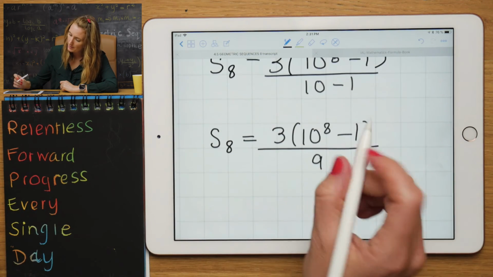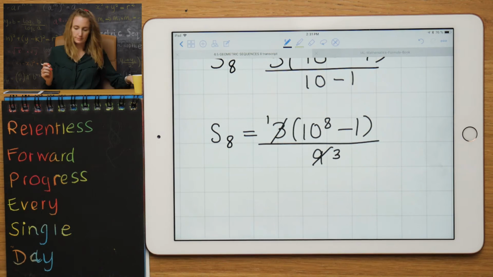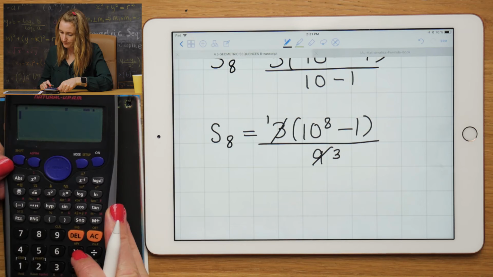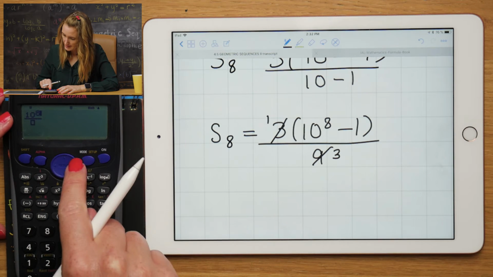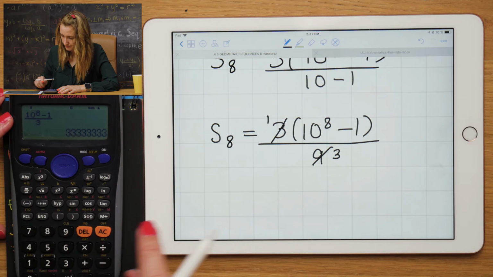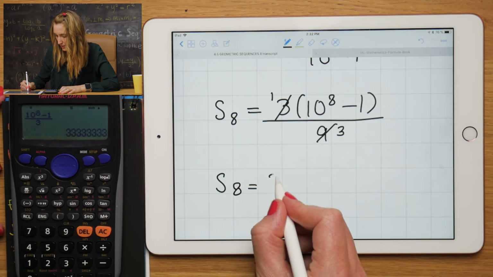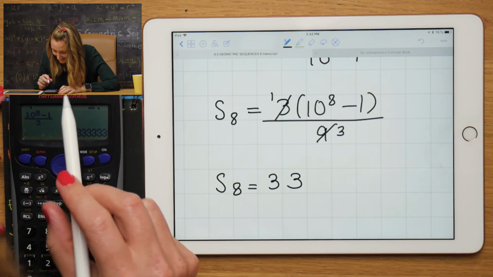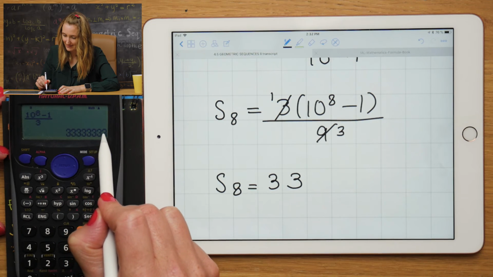S8, I'm going to just cancel down here as well, actually. So 10 to the 8 minus 1 divided by 3. S8 is going to be lots of 3s. 1, 2, 3, 4, 5, 6, 7, 8.